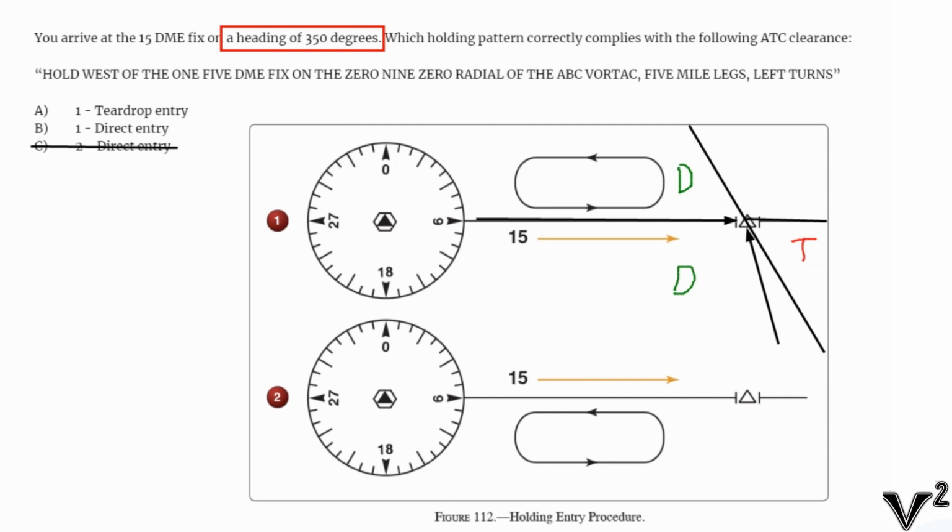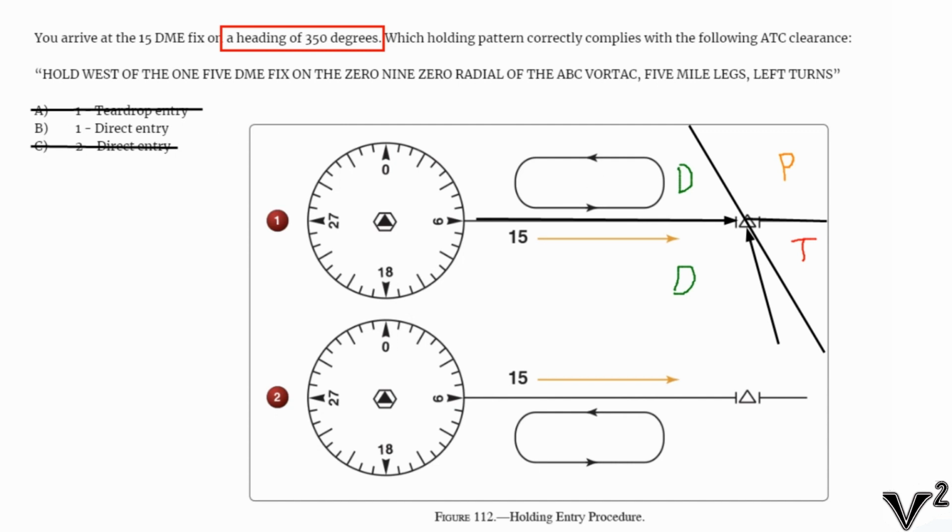Then we did orange up here for the parallel. And then there's your three entries: direct on this side, parallel in that corner, and then teardrop. So you can just apply this to any one of these when you get them. In this case, this guy's coming in from right here. Which entry are we? Well, we know we're not doing the teardrop because we're not over there, so we take the parallel, and then there's your answer.